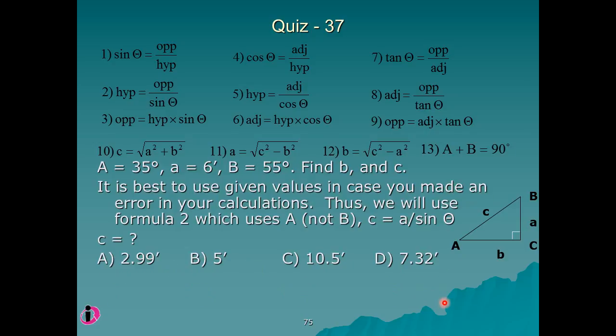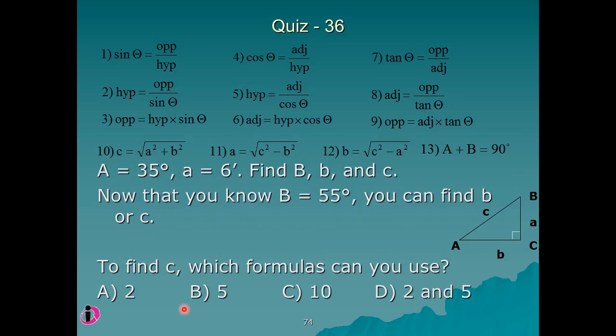Okay, now let's say I'm using 2 or 5. Let's say I use 2. How do I calculate it? If I use 2, what is 2? Hypotenuse equals opposite by sine theta, right?